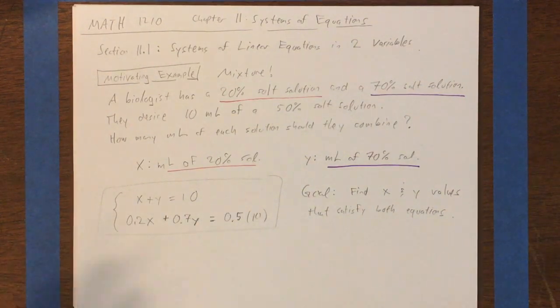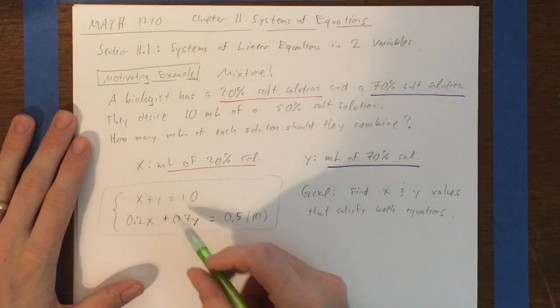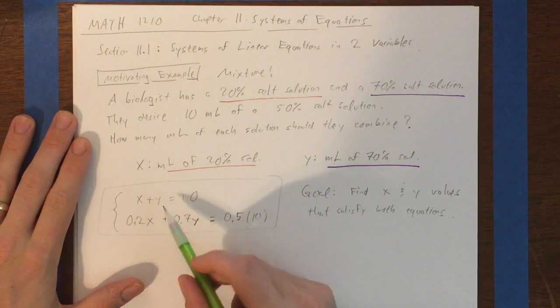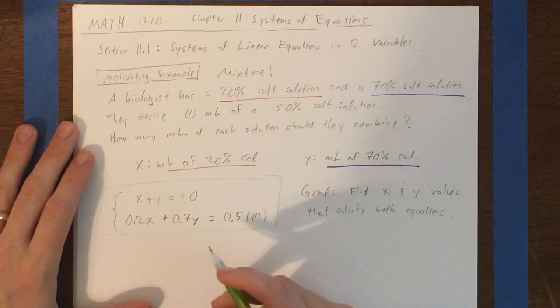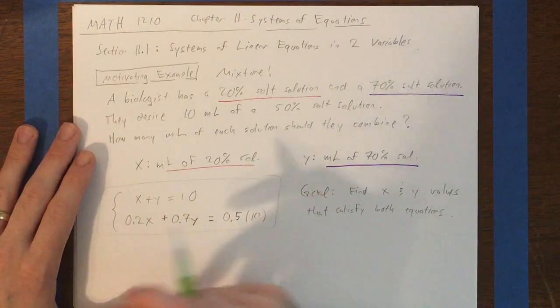Okay, so one thing you could do is guess and check, right? Guessing and checking is never a good way to solve equations, but with systems of equations, it's even worse, because now not only do you have to get lucky and satisfy one of the two equations, you have to get lucky twice and satisfy both equations, right? So guessing and checking is exceedingly hard to do.